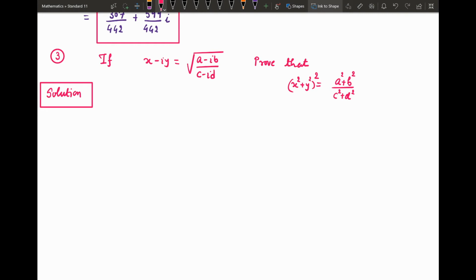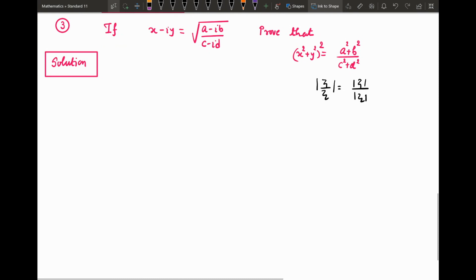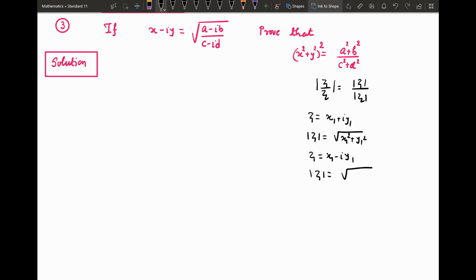The basic properties which we will use to derive this result are: first, modulus of z1 upon z2 equals mod z1 upon mod z2, and for z1 equal to x1 plus i y1, modulus of z1 equals under root x1 square plus y1 square, and if z1 equals x1 minus iy1, then also mod z1 is the square root of x1 square plus y1 square.